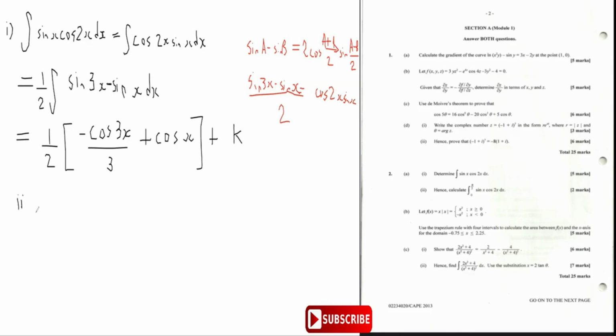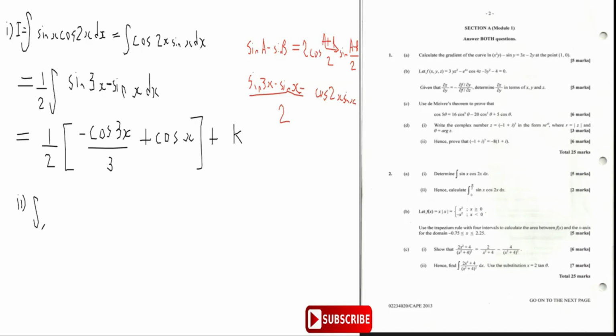Let's look at part 2. Part 2 says, hence, calculate the definite integral from 0 to pi by 2. I'm going to call this I, because I can't be bothered to write out so much stuff. So if we're finding the definite integral of I from 0 to pi by 2, I'm still going to have to write it out. Oh gosh.